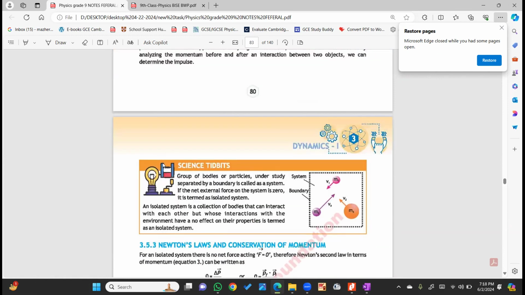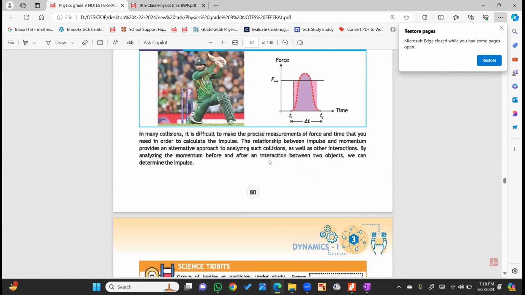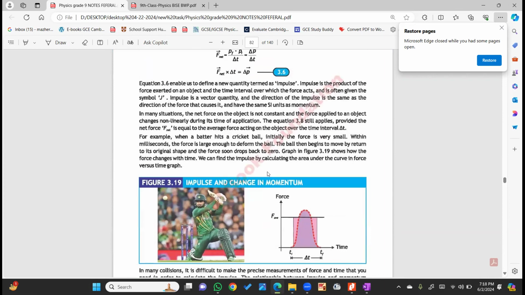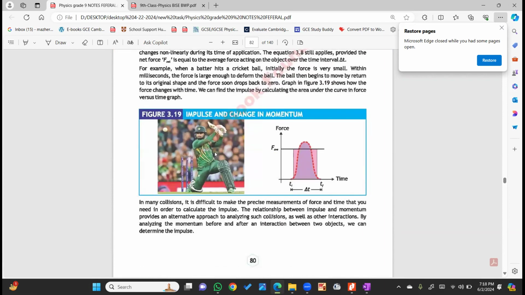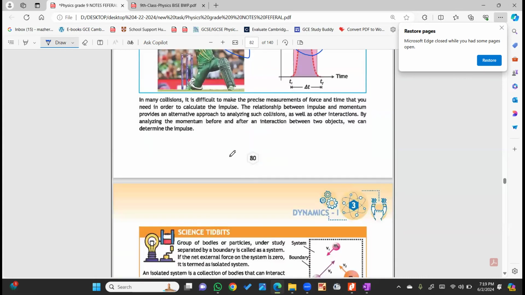Conservation means that the initial and final values are always equal. This is the example I was telling you. The moment the bat touches the ball, the force at that particular time would be known as impulse. It might have been written in the theory as well.